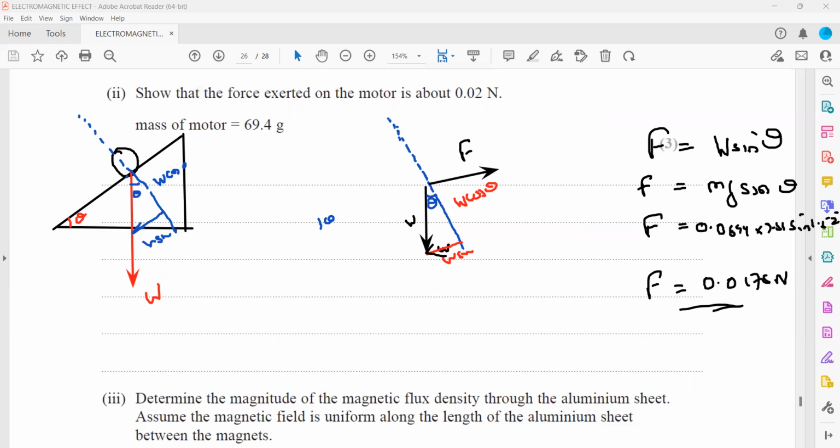The idea is that at a certain angle the W sin theta will balance the force on the wire when it is placed in a magnetic field. So the motor will not move, it will remain stationary, as the forces are balanced.